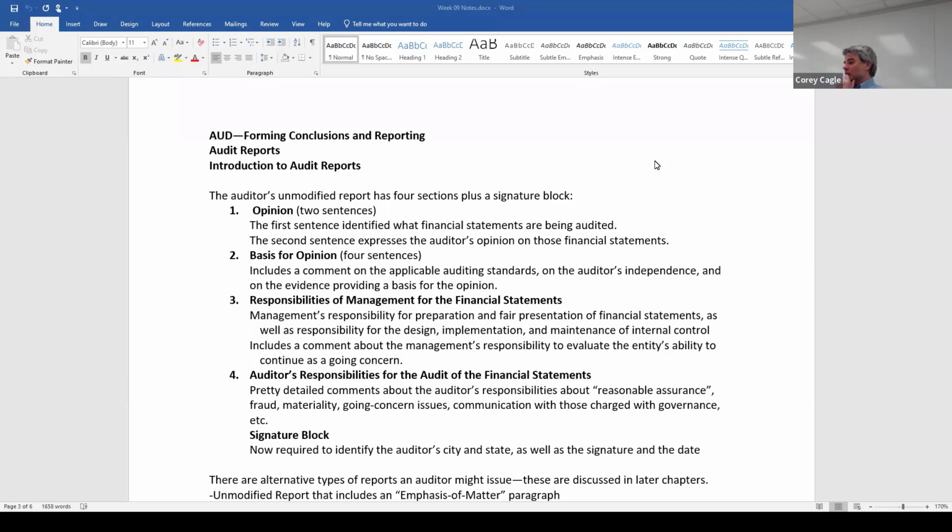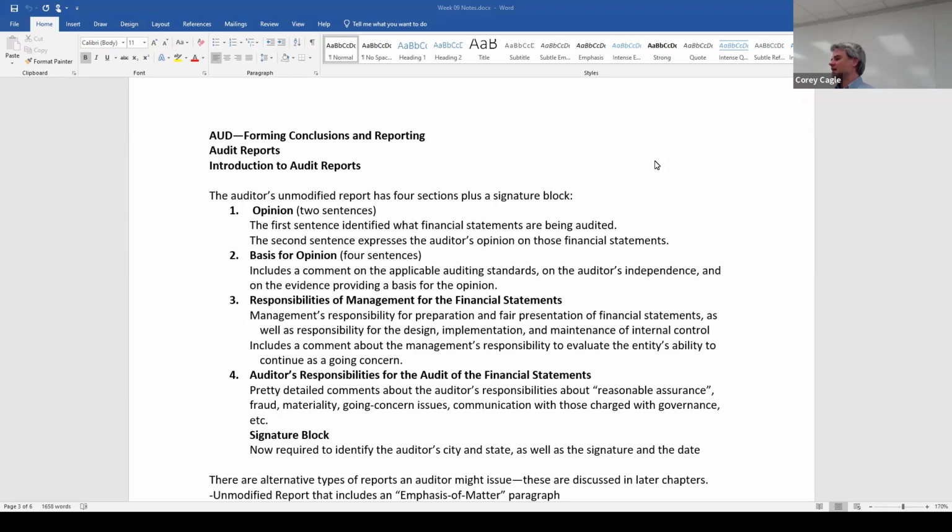Management is responsible for the preparation and fair presentation of the financial statements in accordance with accounting principles generally accepted in the United States, and for the design, implementation, and maintenance of internal control relevant to the preparation and fair presentation of financial statements that are free from material misstatement, whether due to error or fraud. Management is responsible for these things. We know this. That's part of the report, right?